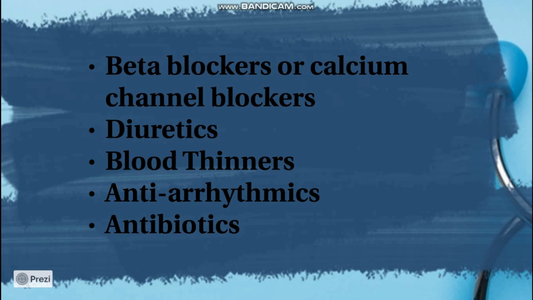A daily aspirin may be included. Antiarrhythmics to treat atrial fibrillation or other rhythm disturbances associated with mitral valve stenosis. And last, antibiotics to prevent a recurrence of rheumatic fever if that's what caused your mitral stenosis.